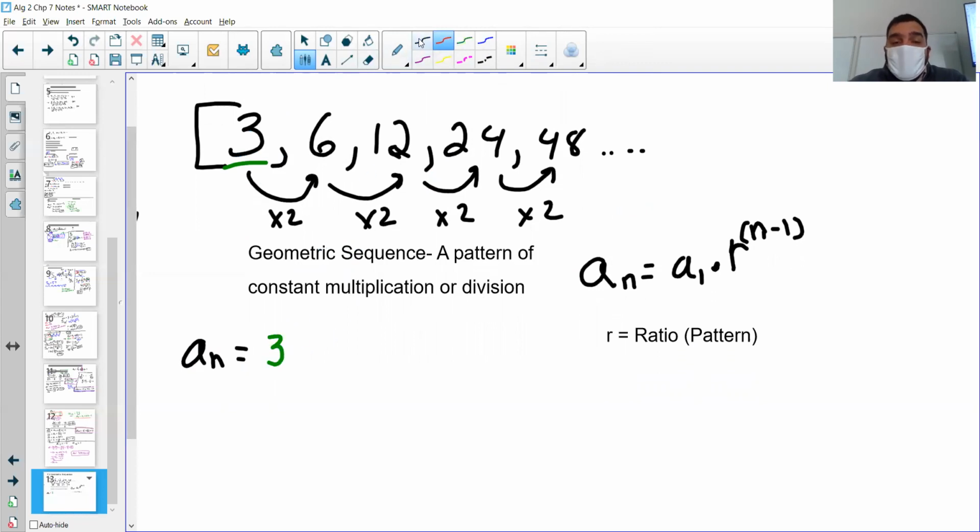And then times 2, because my pattern is the 2, to the power of n minus 1. So 3 is because it's my first term, and then 2 is because that's my pattern.